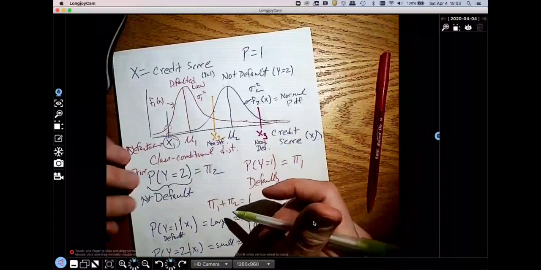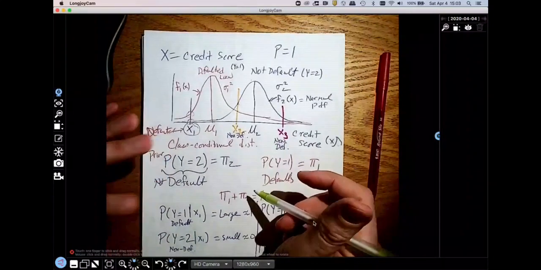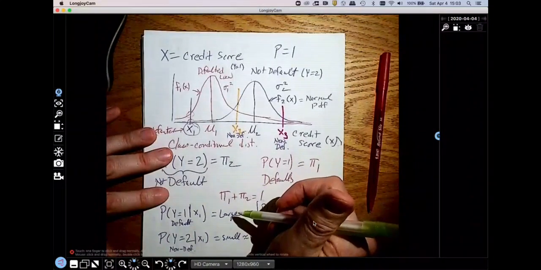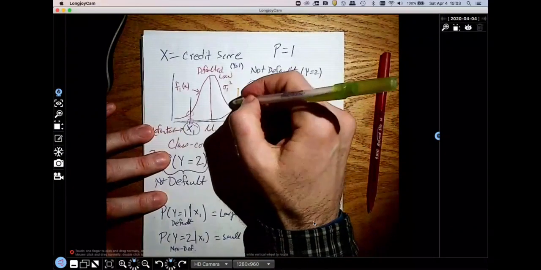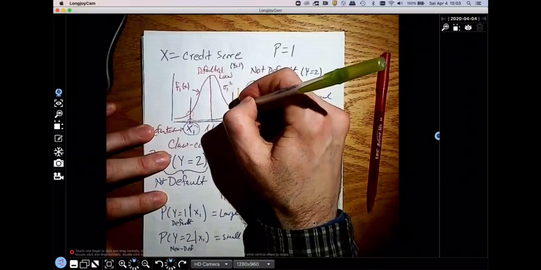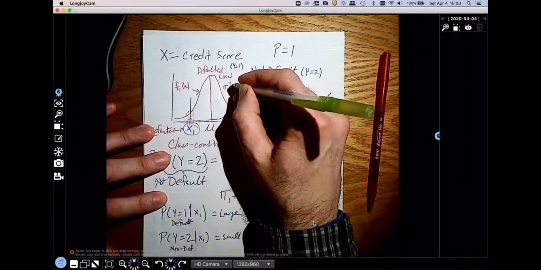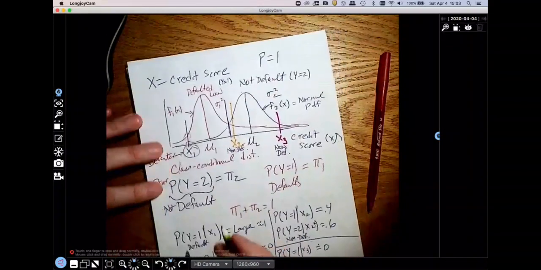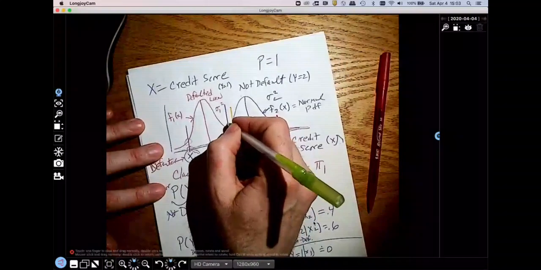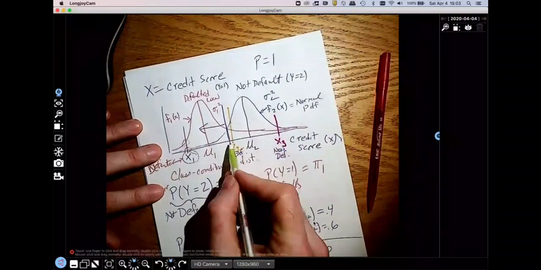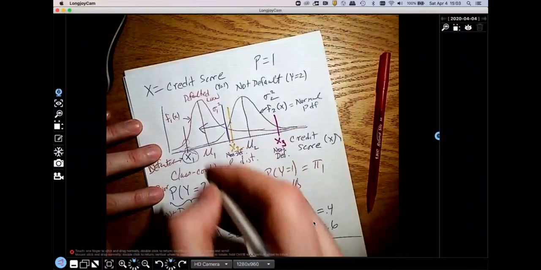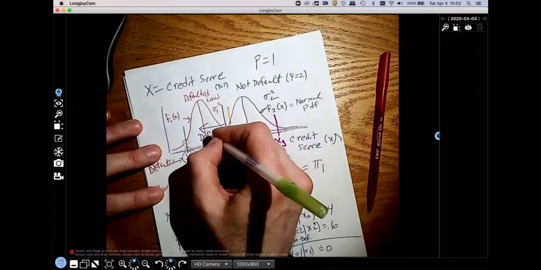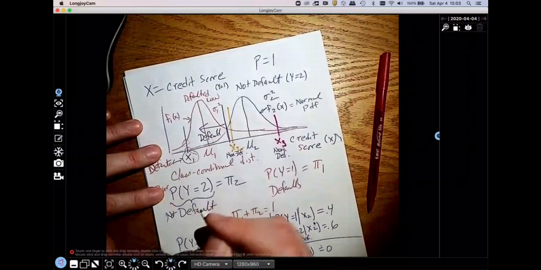So now we can come up with a boundary. This is called the decision boundary. Where do these curves meet? Well, the two curves meet right here. And so my maximum likelihood rule is simply this. Anybody with an x less than this point where they cross is a defaulter, so we predict default.